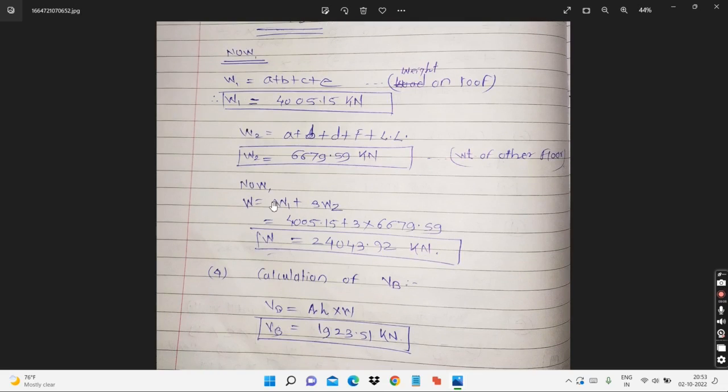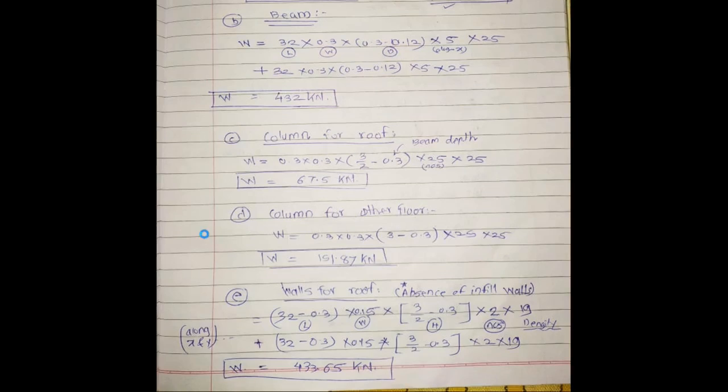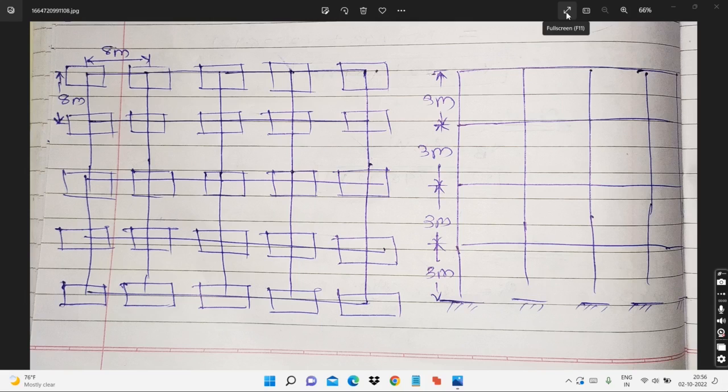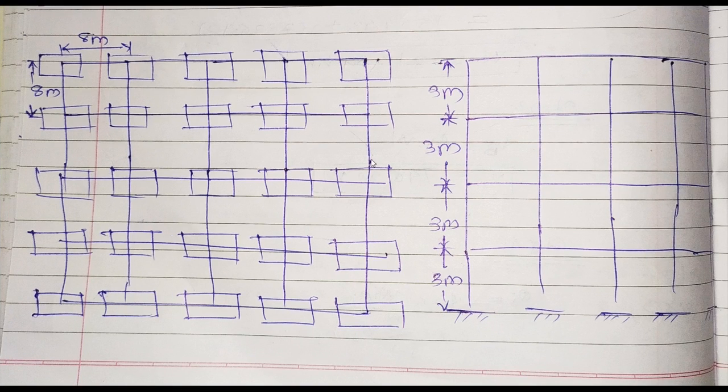Then overall weight will be calculated as W1, that means our roof is 1, so W1, and how many other floors are there? Let's see. For calculation, 3 times W2, we will take.